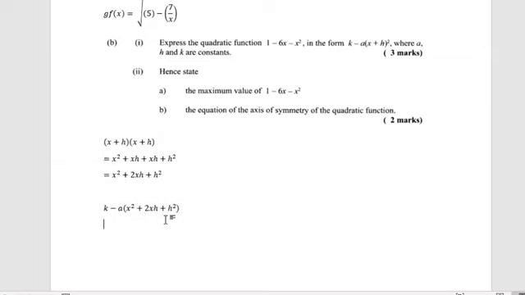So what we'll have is k, and then minus a multiplied by x squared, we'll have minus ax squared, and now minus a multiplied by 2xh, we'll have minus 2hxa or xha, minus ah squared.